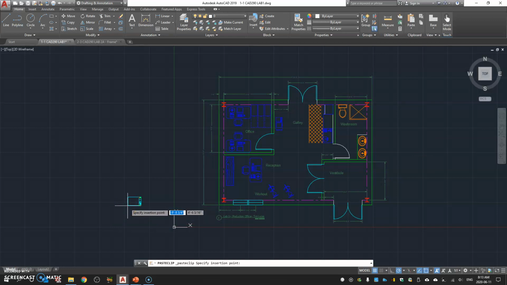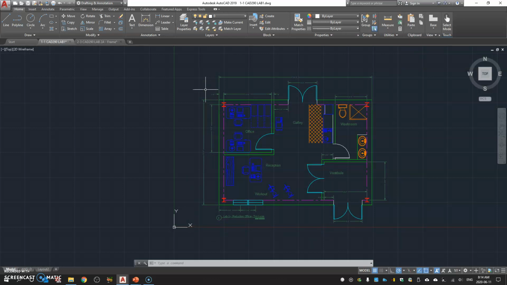So I have two solutions. One solution is that I scale this one down and I put it on the drawing sheet. Another solution was that I enlarge the frame and put it around the view.